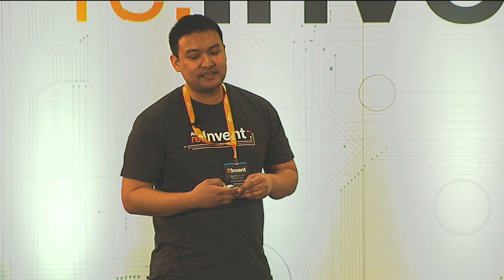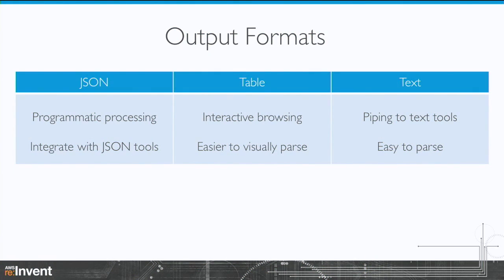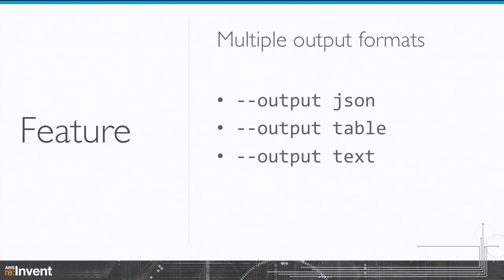And this is similar to the existing CLIs, if you're familiar with that output. And this is useful if you want to pipe to other text tools, sed or grep or awk, tools like that. And the way you configure this, first of all, is the output configuration value we saw a few slides ago. But also, when you're running a command, you can use the --output option and give any of these output formats.